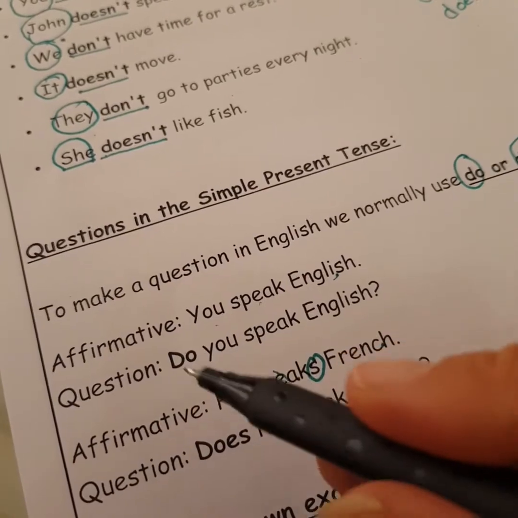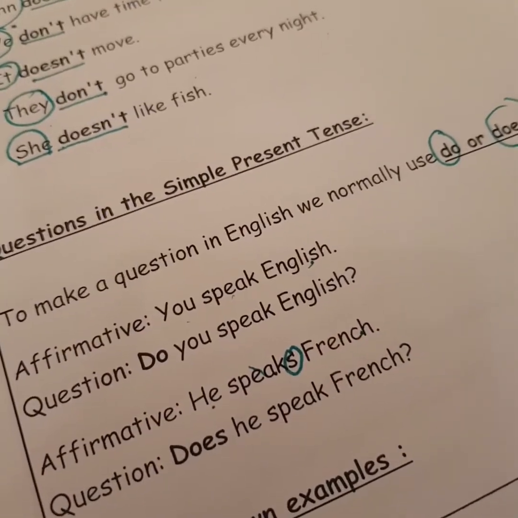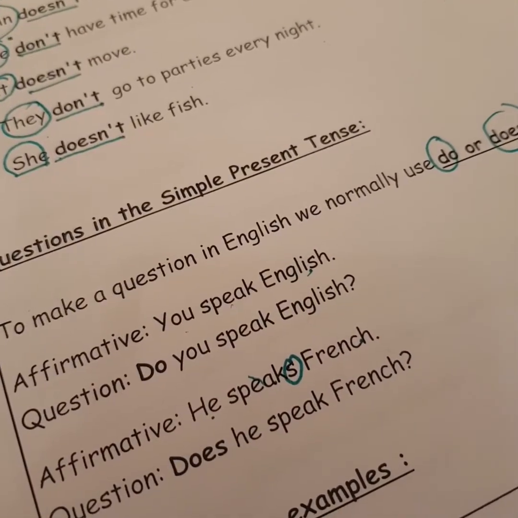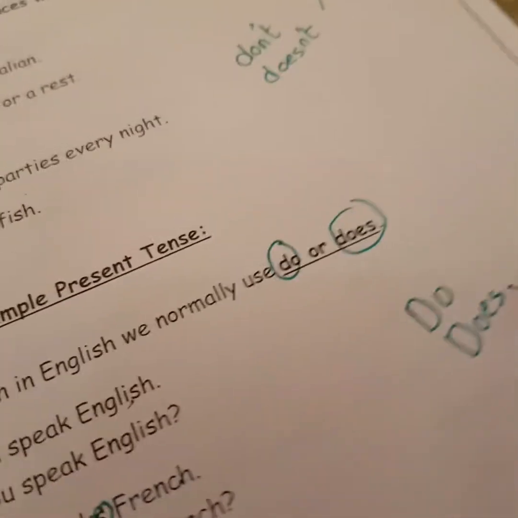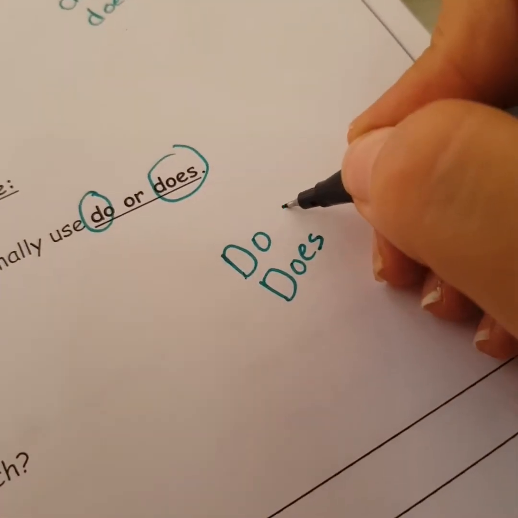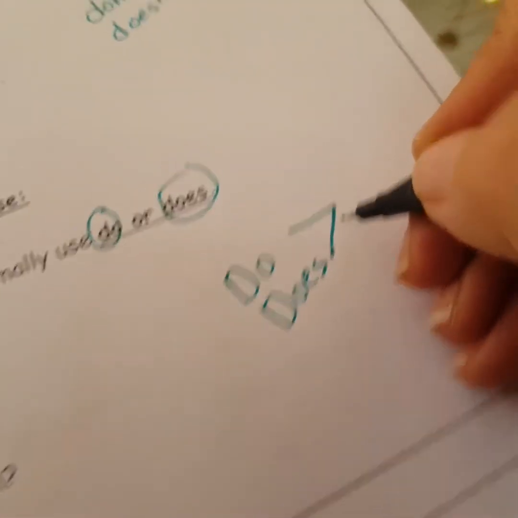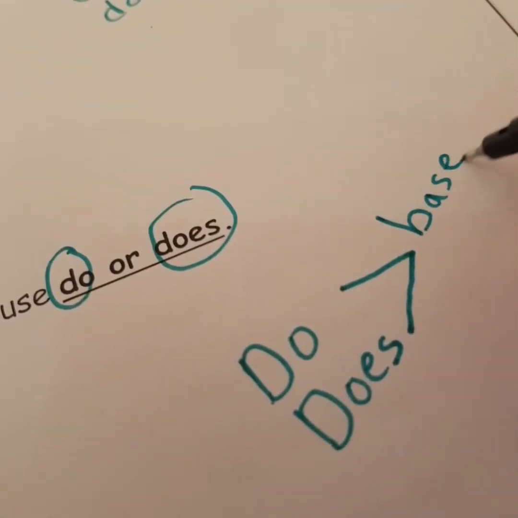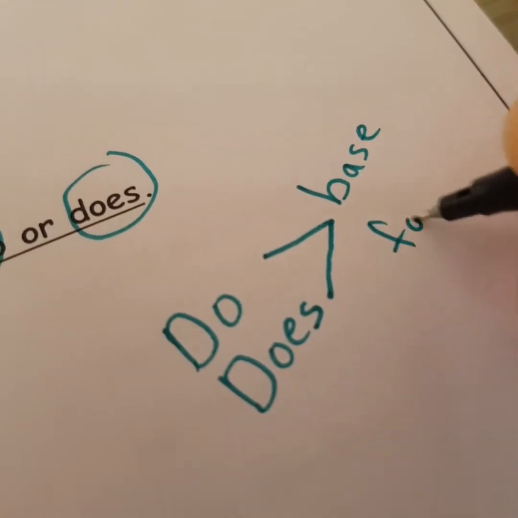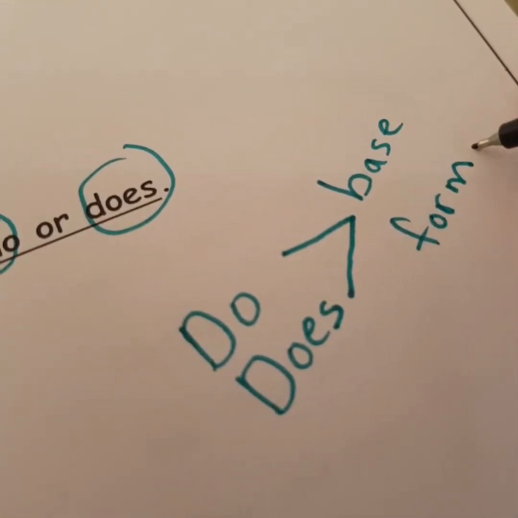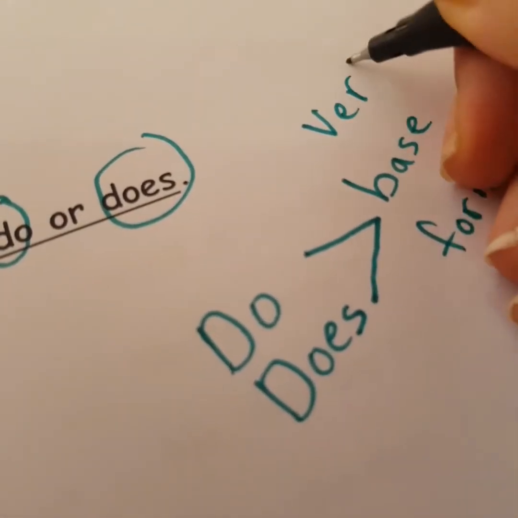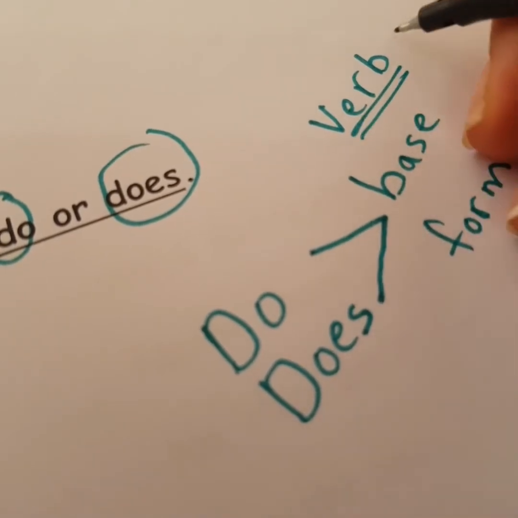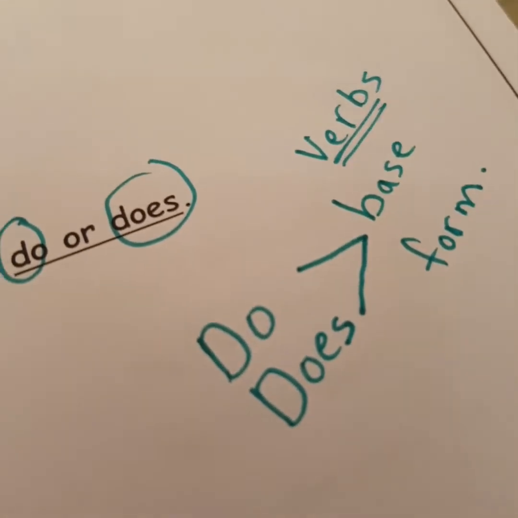Because also after do and does, the verb should come in the base form.